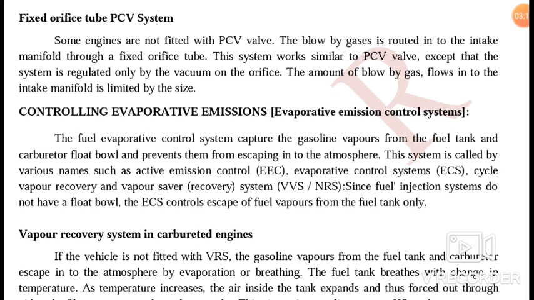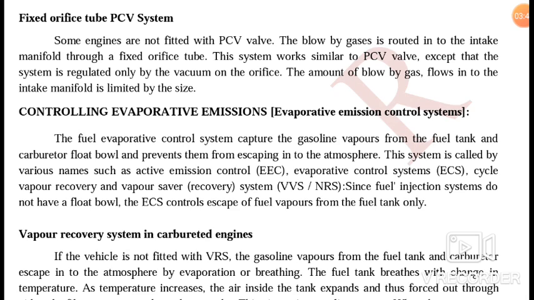Since fuel injection systems do not have the float bowl, the ECS controls escaping fuel vapor from the fuel tank only. Definitely, the previous system has a float bowl. So if some vehicles are not having a float bowl, at that time we can use this system, that is the evaporative control system or ECS.